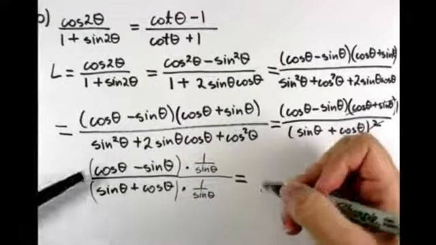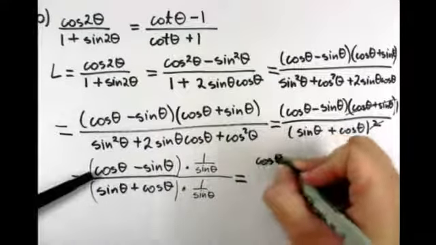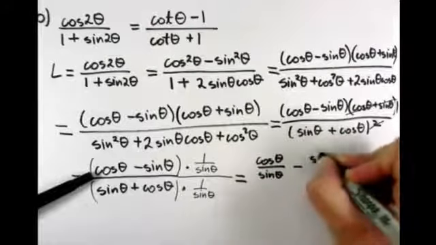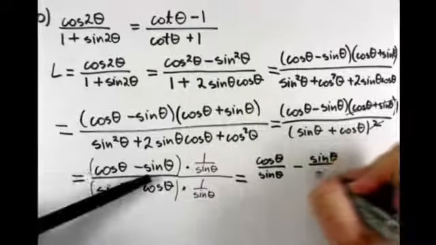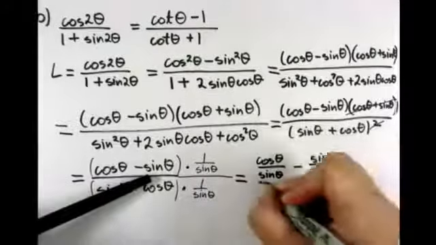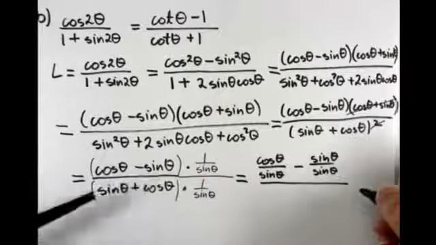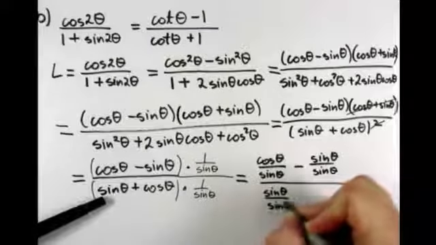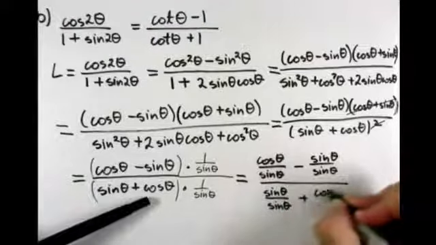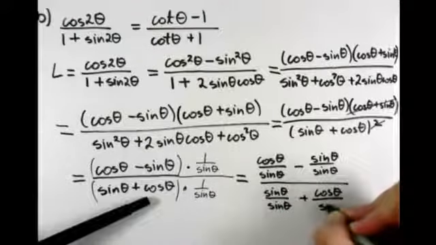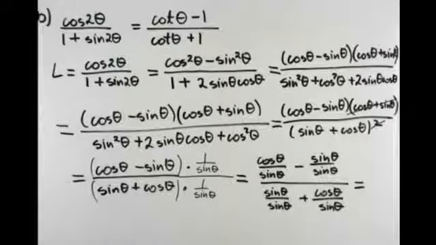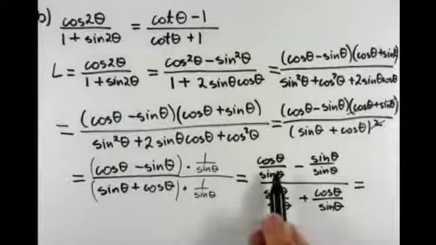So what we are getting is cos theta over sine theta minus sine theta over sine theta, and all over sine theta over sine theta plus cos theta over sine theta. Sine theta over sine theta gives me 1, and cos over sine is nothing else but cotangent.